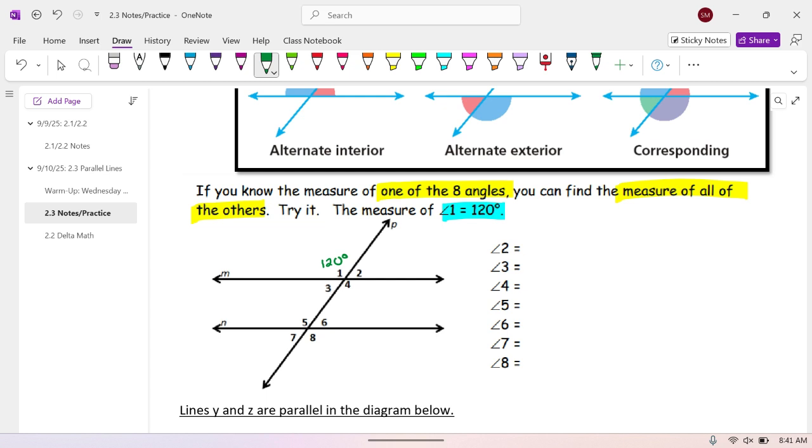They're supplementary, but specifically what type of angles are they? They're a linear pair. So angle 2 has to be 60 degrees. Just do 180 minus 120. That's 60 degrees. Just make a note that they're a linear pair, or LP.